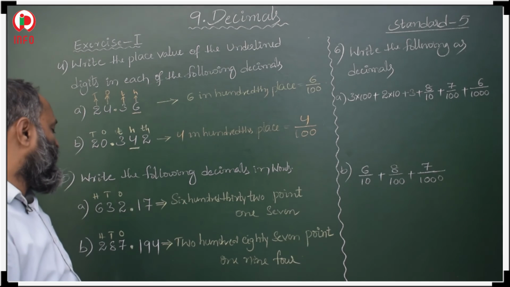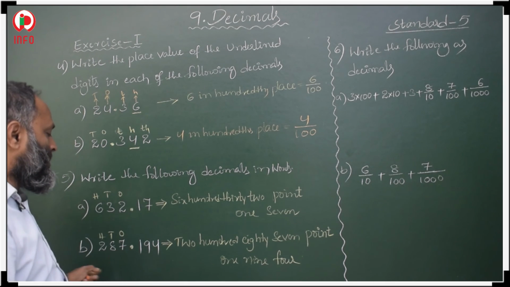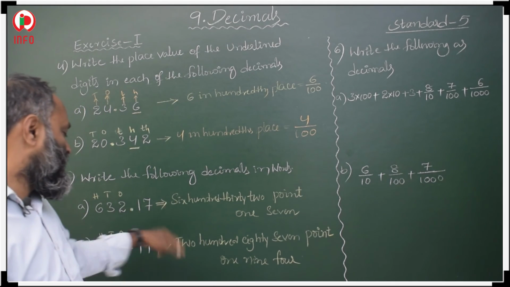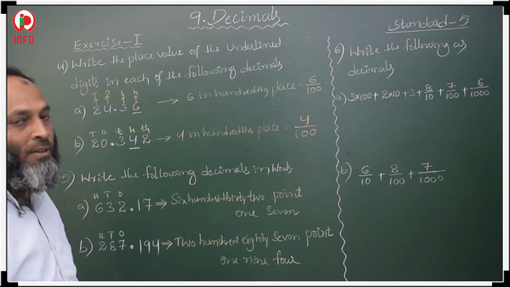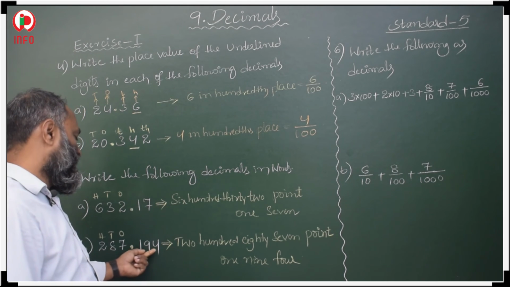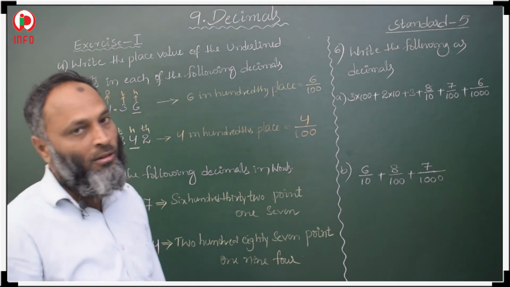This is the method to write decimal numbers in words. Before the point, numbers as usual, and after the point, the right side digits individually. Don't write 194, that is wrong to spell.